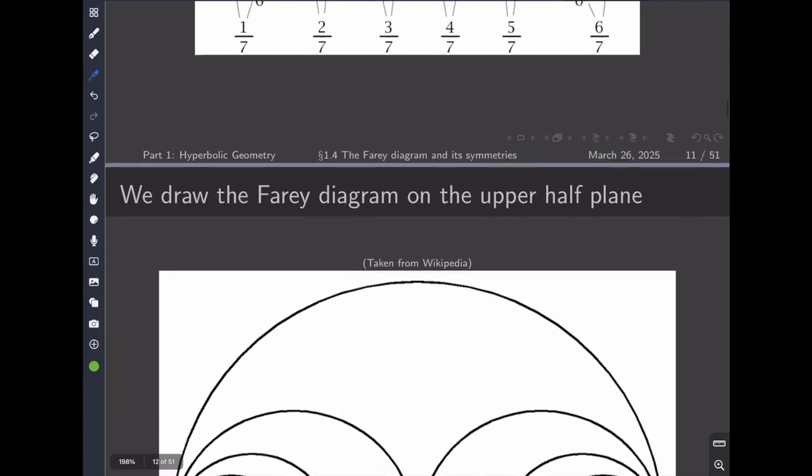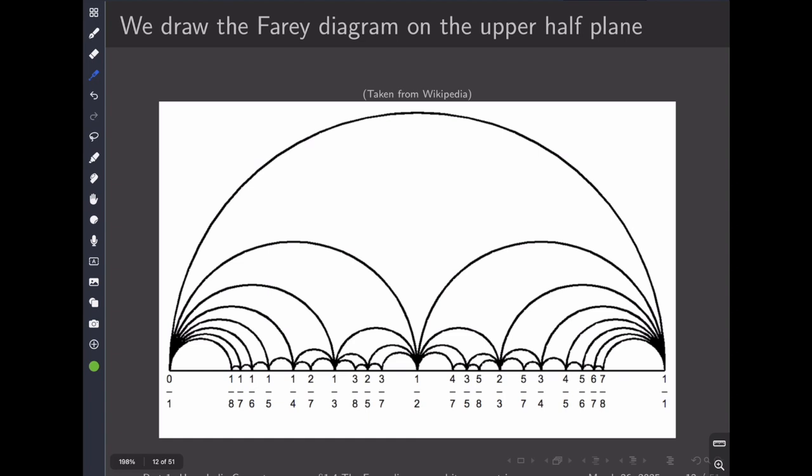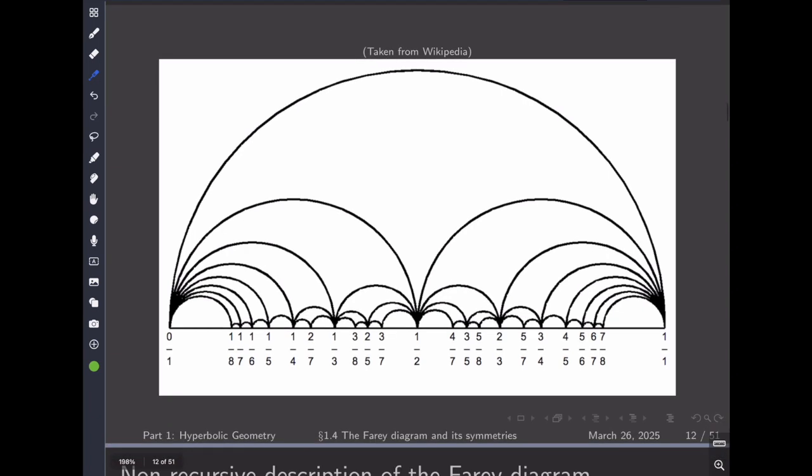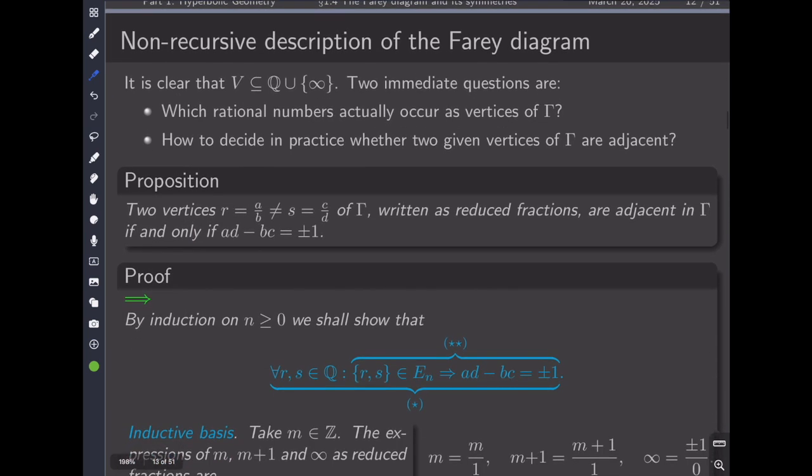So this is only a reminder that we draw the Farey diagram by drawing the edges as geodesics in the upper half plane, or in the hyperbolic plane. And in the non-recursive description, at this moment, I don't yet know whether in the limit process every rational number occurs as a vertex of the Farey diagram.